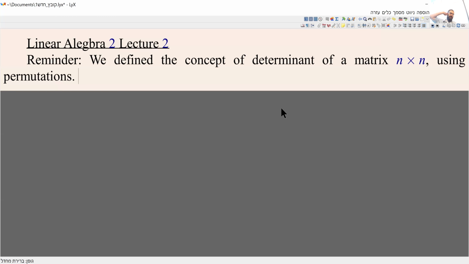With the very big delay we had before we started, I want to remind you what permutation actually is and how we define the determinant with permutations.